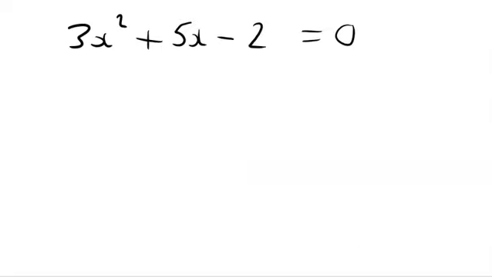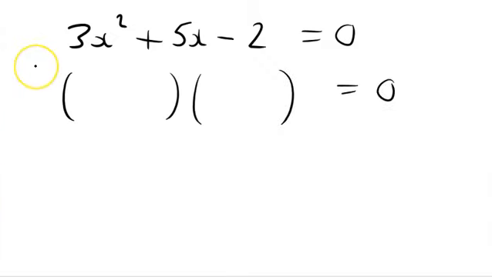Okay, next one here. Again, we have prime numbers for A and for C. We have 3 and 2, so therefore guess and check is perfectly reasonable. So 2 brackets to make 3x squared, no choice, 3x and x.